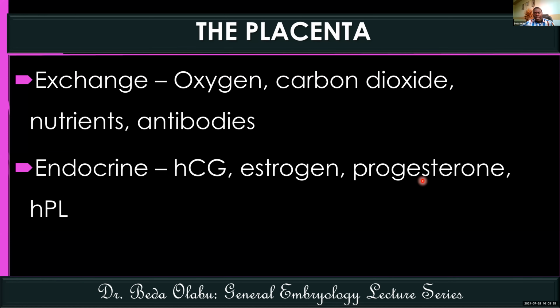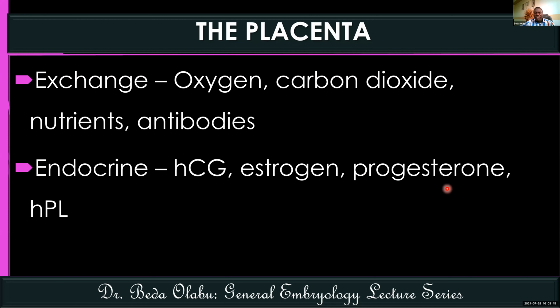Progesterone is important during pregnancy because it also maintains a pregnancy. So usually, initially before the placenta is formed, the progesterone hormone will be coming from the ovary. And that's why we need this hormone to ensure persistence of the corpus luteum so that the ovary can continue to produce progesterone until the placenta takes over.